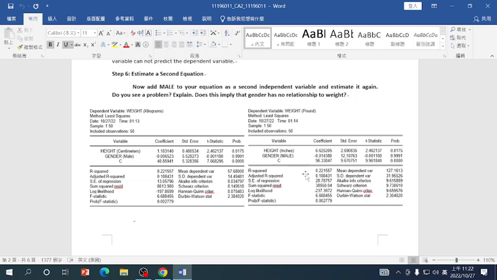Since this one, when we hypothesize expected signs for gender, usually we'll see a positive relationship, I think, because males are taller than females, generally speaking. But does that make a difference?